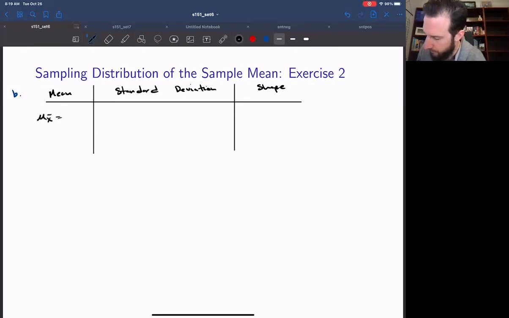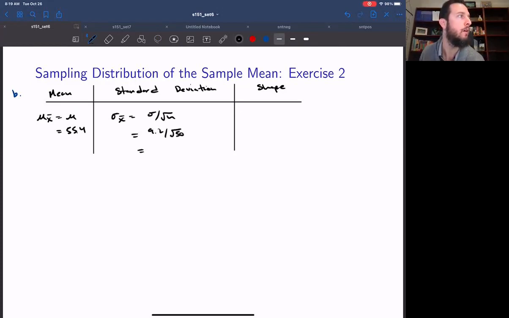So we have mu X bar is equal to mu, which again is going to be the same. So the mean is not affected by sample size. It's consistently at the same point, regardless of the sample size. Our standard deviation will be affected by sample size. So this is now over the square root of 50, sorry. So that gives us 0.184. Okay, and now for the shape.